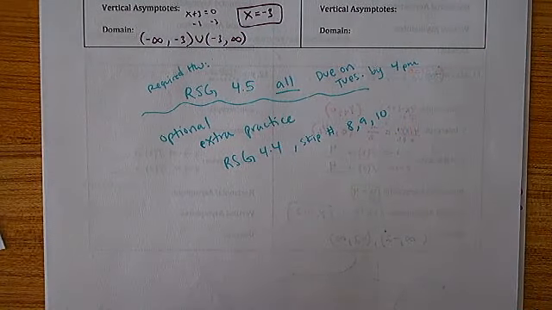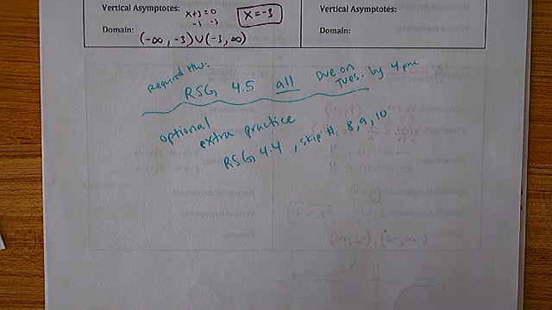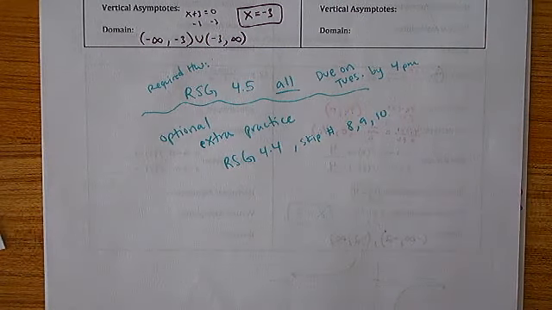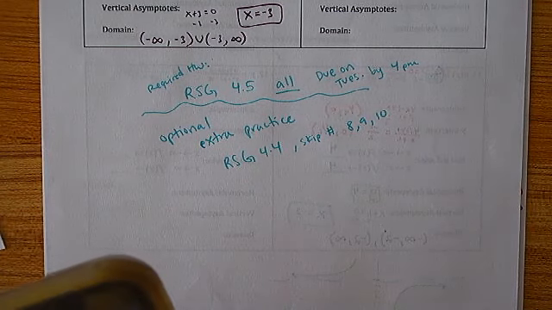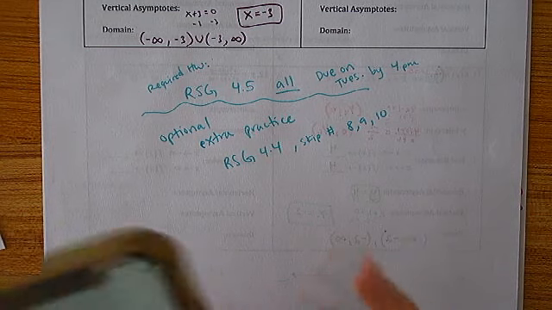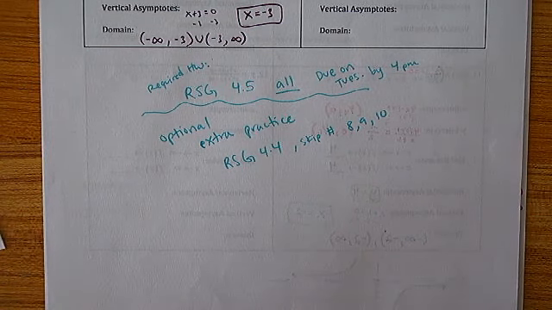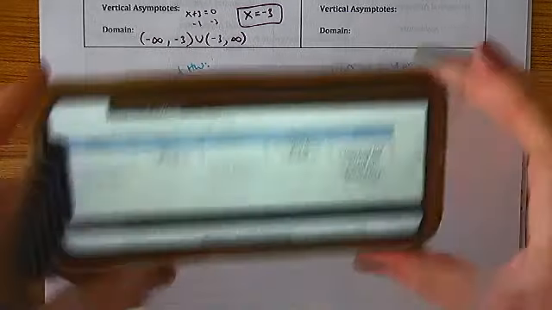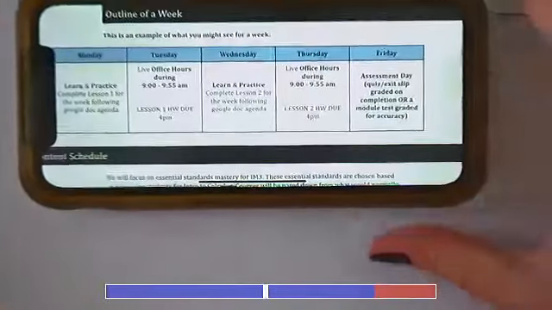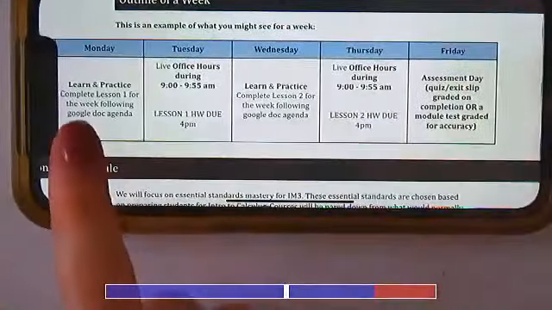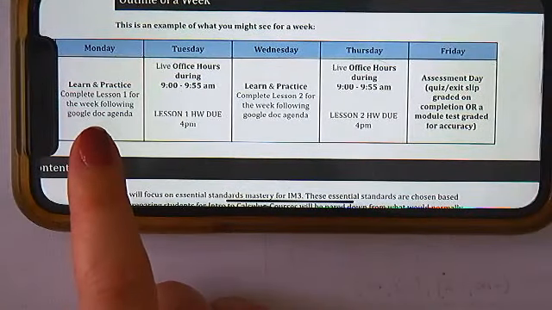So if you guys looked at that schedule that I posted Monday morning, it kind of gave you an idea of what we're going to be doing. So let me put one up for you guys. This is an example of an outline for the week. On Mondays, you guys are going to watch a lesson.